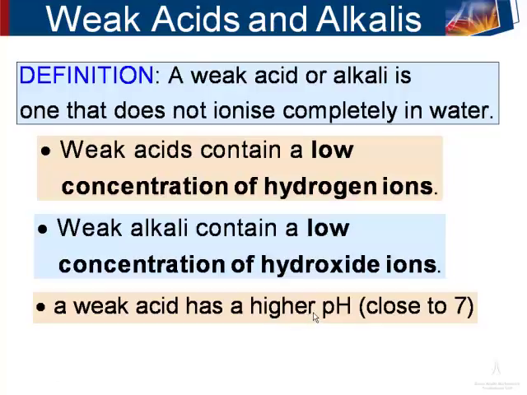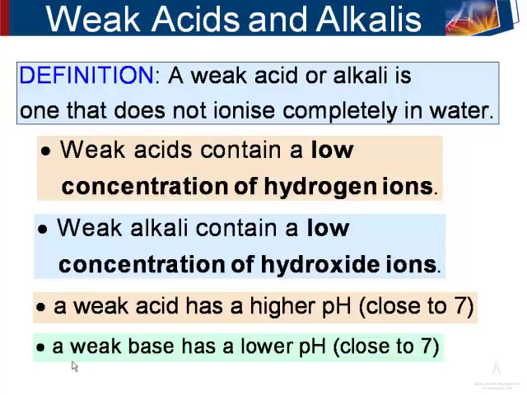In terms of the pH scale, a weak acid has a pH less than 7, but close to 7, so you would have a value of about 6.5. It's an acid, but a weak acid. A weak base also has a lower pH, although the value is above 7 to indicate that it's a base, but it will still be close to 7. So for example, a pH value of 8 indicates a weak base.